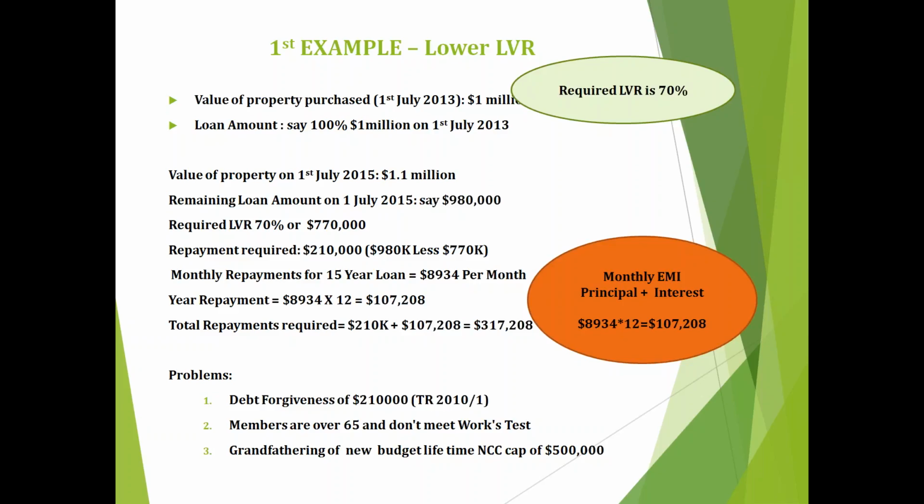Further, it must also be ensured that the non-concessional caps are not breached, and in certain cases, for example, when members are over 65 years and do not meet the work test, there is a real danger that this strategy might just not work. A further challenge is the 500,000 lifetime non-concessional cap, which was announced by the government recently.